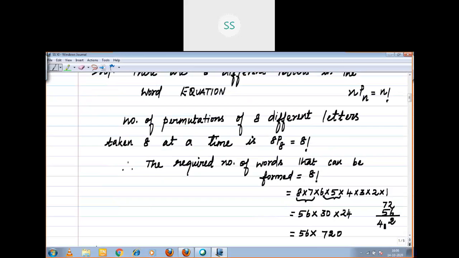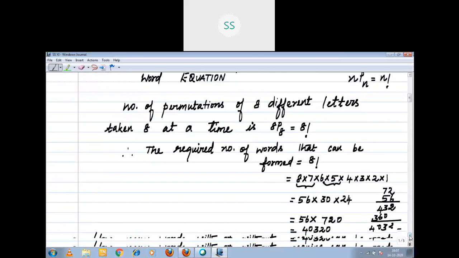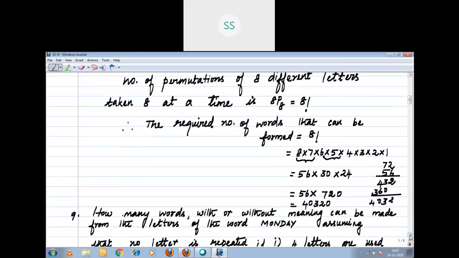Then 56 into 72, you have to multiply. 12 remaining 1, 42, 43. 10 remaining 1, 35, 36. 2, 3, 0, 4. So your answer is 40,320. Got it, children?